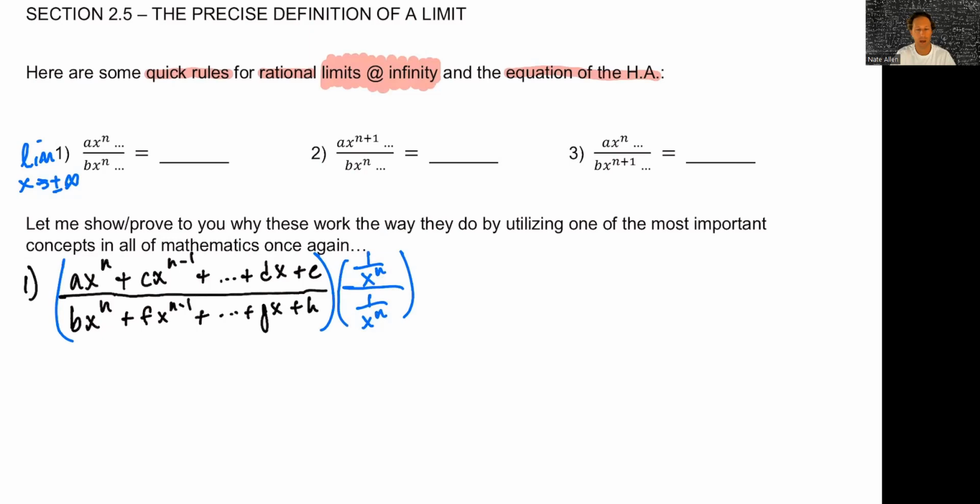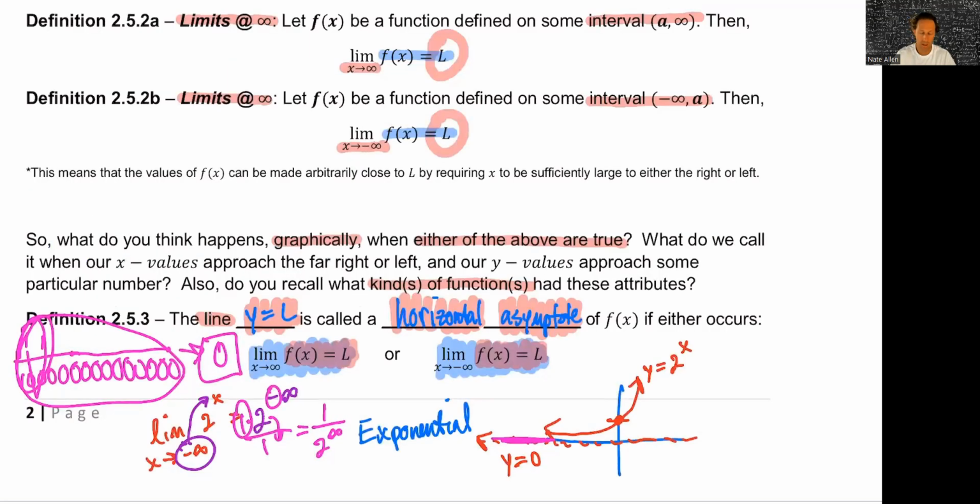Well, as we just saw, whenever we have something over a really big number, it's going to approach 0. And I like when things go to 0 because it wipes out that part of the term. So what I'm going to focus on is making sure that I don't get a 0 on the bottom of this rational function.